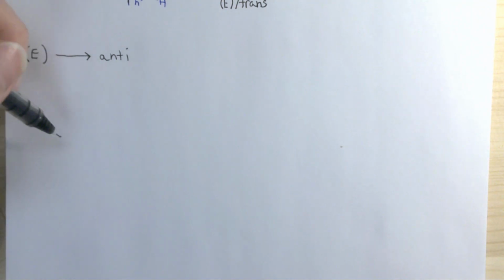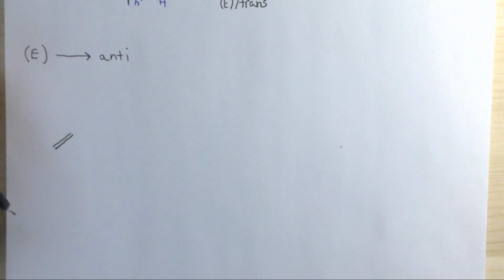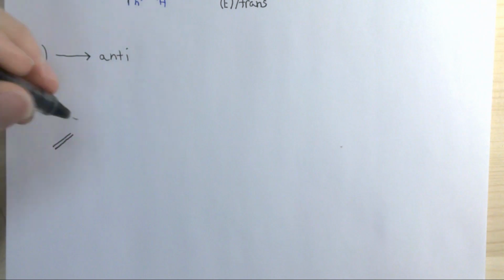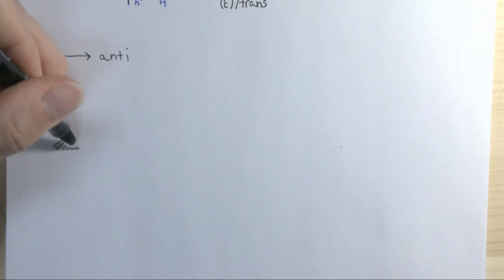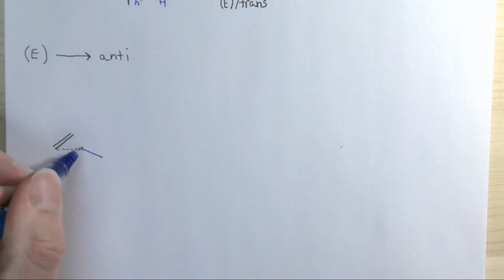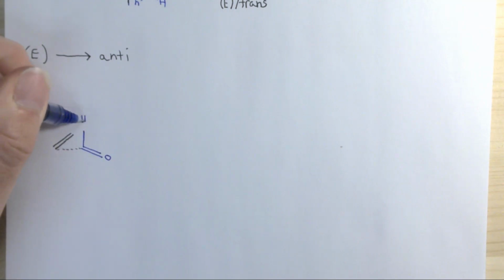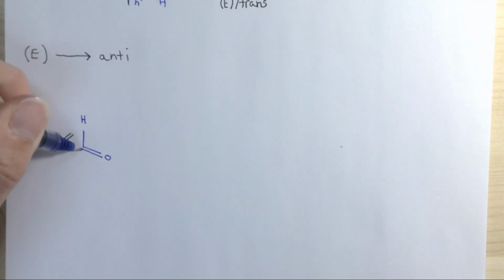Okay, so once again, I'm going to draw my enolate in this form. It's going to be interacting with the benzaldehyde, which I'll do in blue. And again, as per usual, I'm going to put my small group in this pseudo-axial position to minimize steric strain, put the bulky phenyl group in the pseudo-equatorial position.